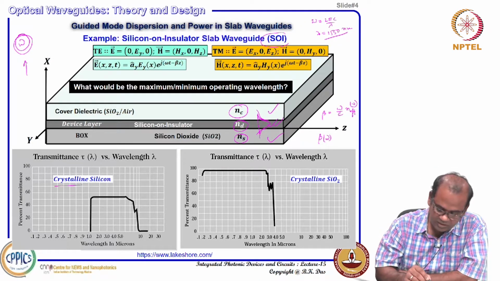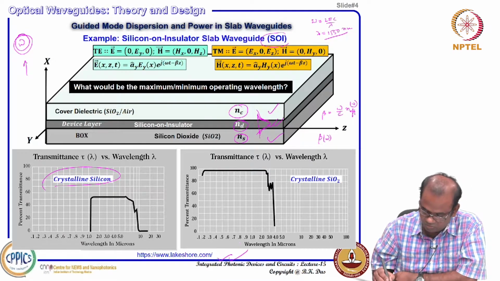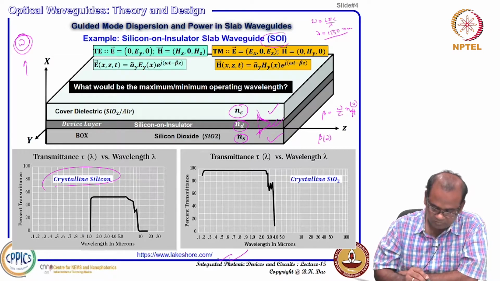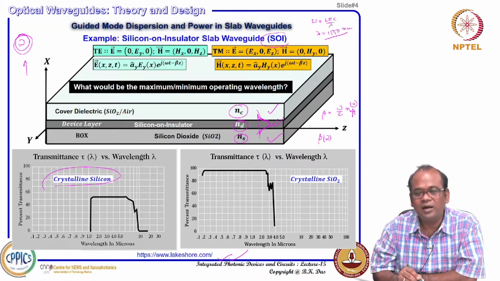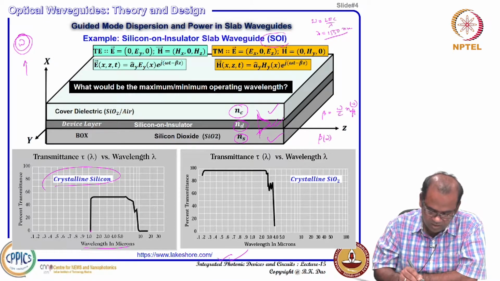So, crystalline silicon: in this picture, which I have taken from some website, it is an authentic one, you see that the transmission of crystalline silicon starts from around 1.1 micrometer. This is wavelength in micrometers.